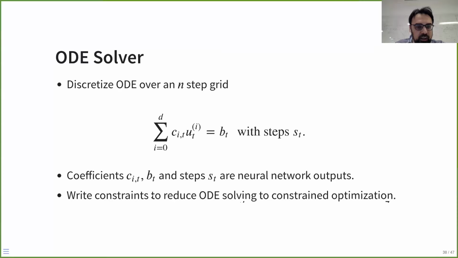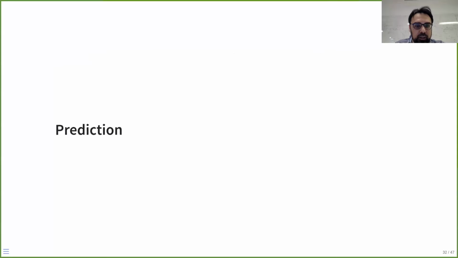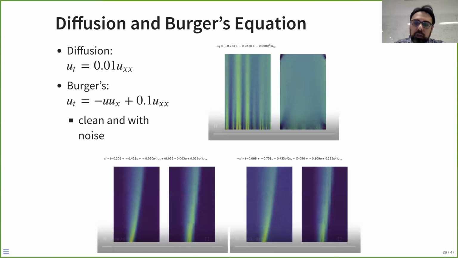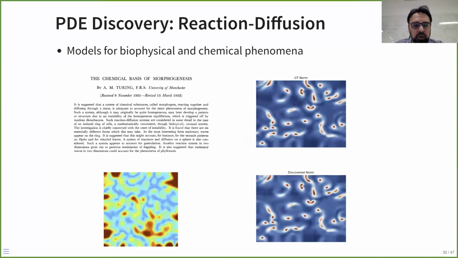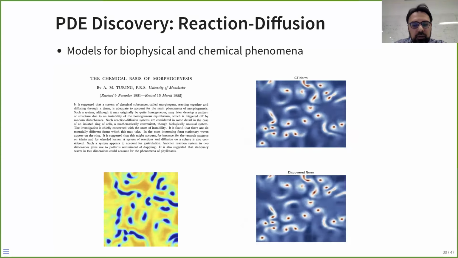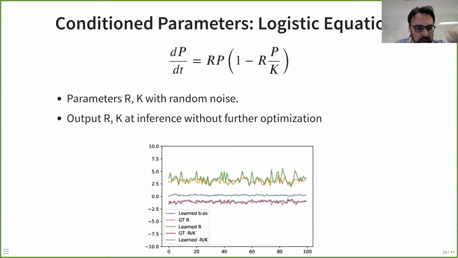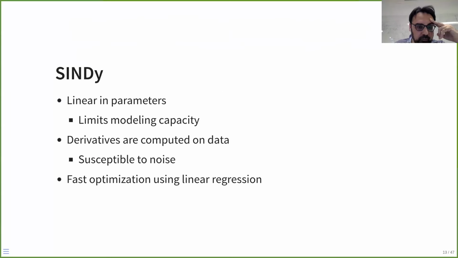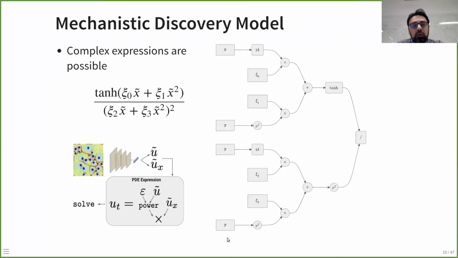The problem is that it's too rigid, I would say. What we do is that we have this neural network in between. Given the data, you transform the data, and then you don't solve the equation directly on the data itself.